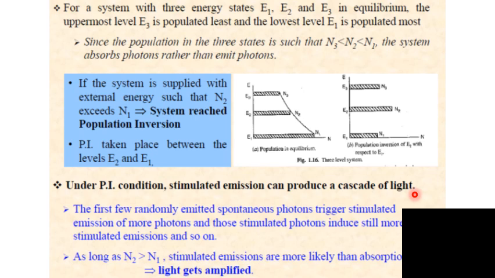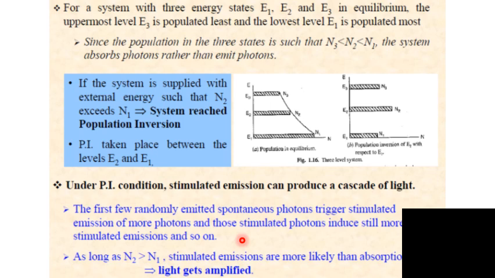We also say that population inversion and continuous stimulated emission cause the amplification of light. The first few randomly emitted spontaneous photons trigger stimulated emission of more photons, and these stimulated photons induce still more stimulated emission, and so on. So this is the main thing. We get laser on and on.